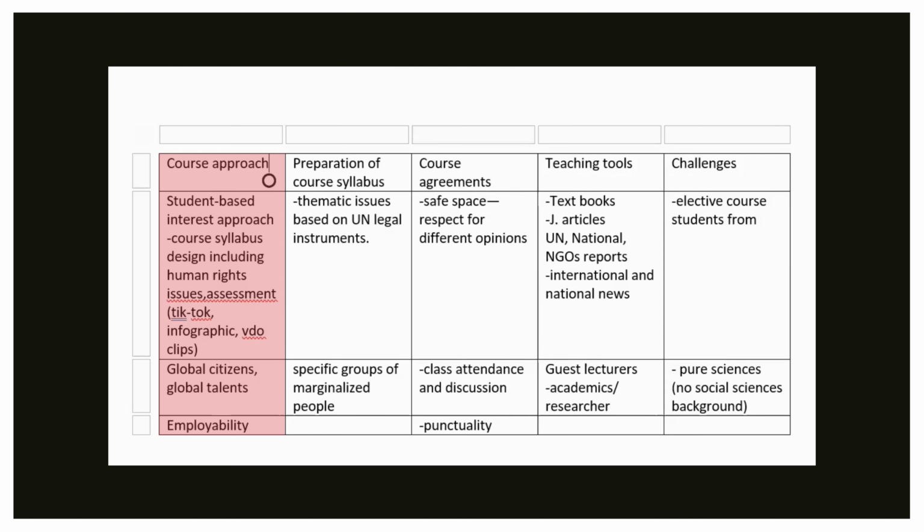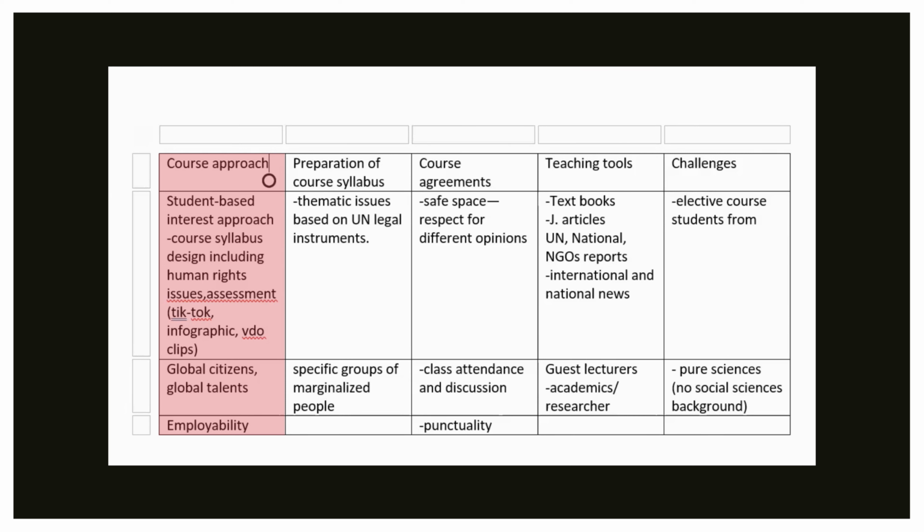And then another concept that I tend to use is global citizens and global talents, in order to ensure that when students finish this course, they will be able to discuss human rights issues with others. Even though it's not really an in-depth discussion, at least they understand human rights principles and concepts.